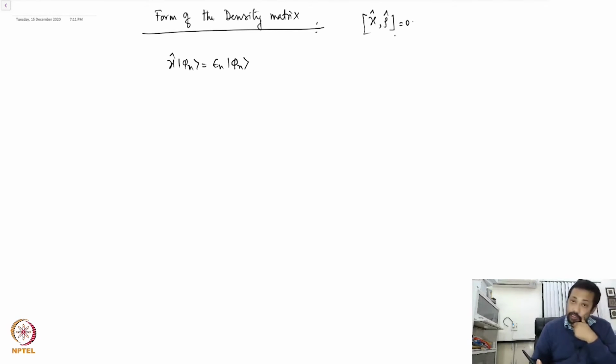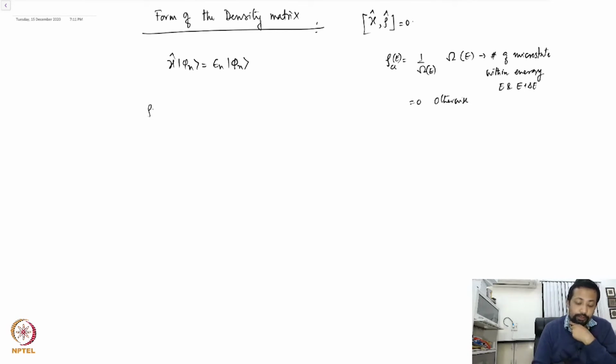Now, in a microcanonical ensemble, in classical statistical mechanics, we had seen that rho classical for E was 1 over omega, where omega represented the number of microstates within energy E and E plus delta E, and is equal to 0 otherwise.